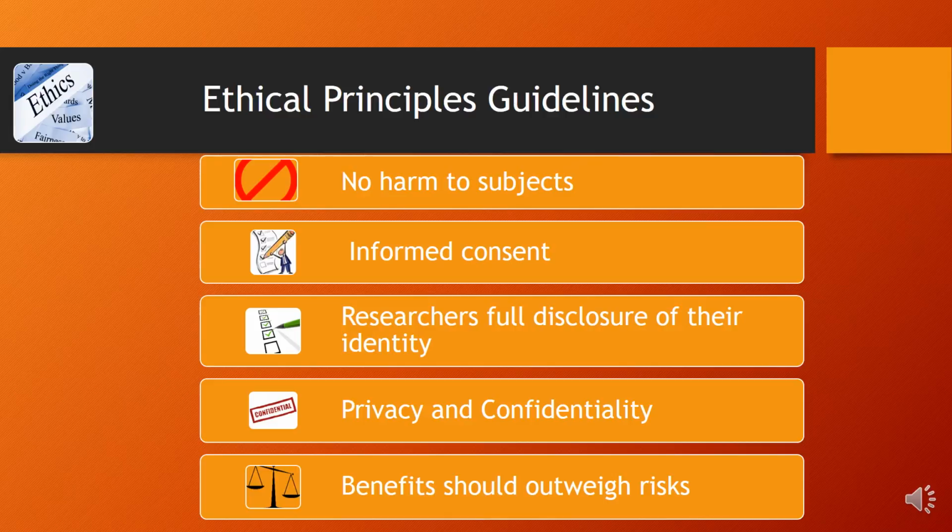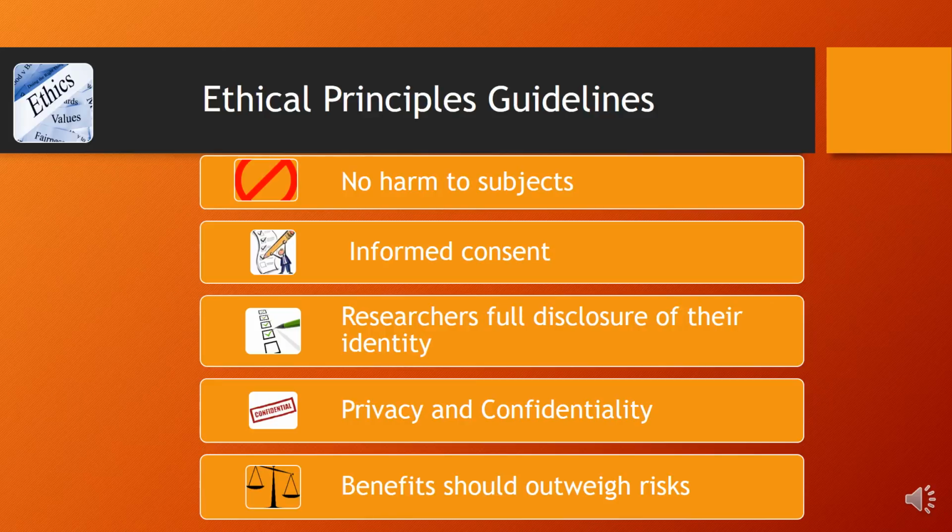Number 4, privacy and confidentiality must be maintained for research participants unless it is voluntarily and explicitly waived. This should also be included in the informed consent agreement, which includes procedures and guidelines on how sensitive and confidential materials are handled.